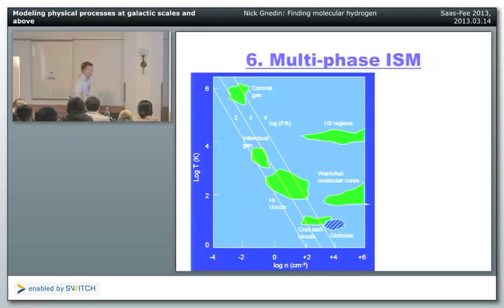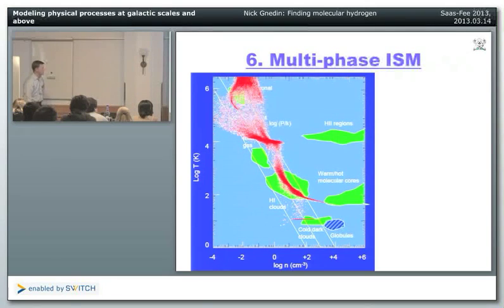So now we can take the simulation that fully accounts for this molecular hydrogen formation, and you get those phases. Not only do you get things in this region, you actually get phases, right? So if you look at points, there are breaks between them. There's really a cloud of points here, a cloud of points here, and a cloud of points here. So you're not only getting the right distribution of temperatures and density, you actually get them as phases automatically.